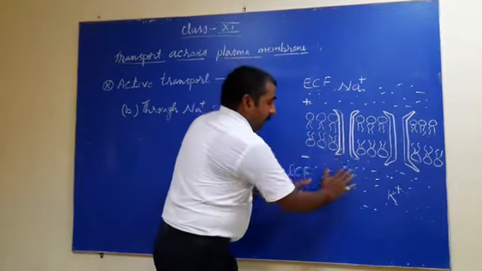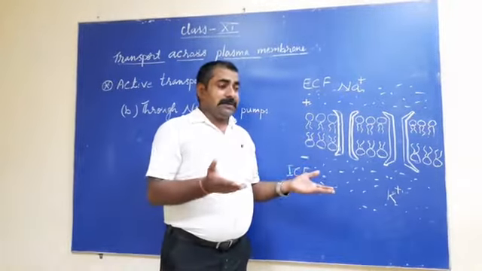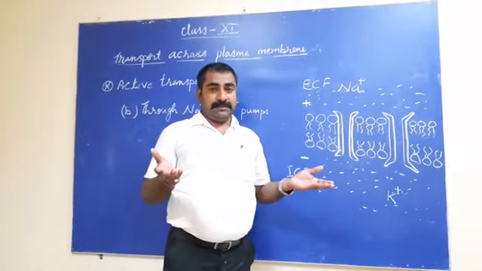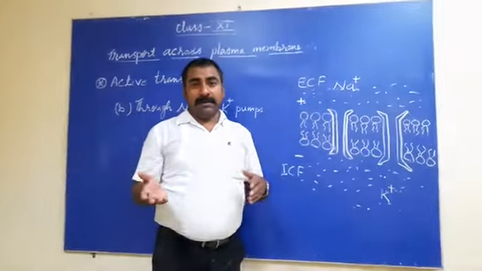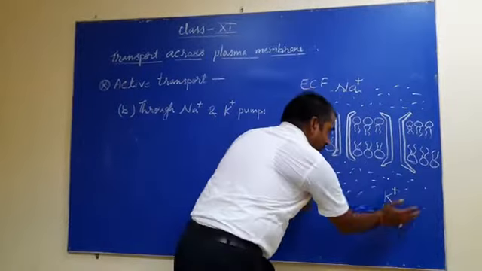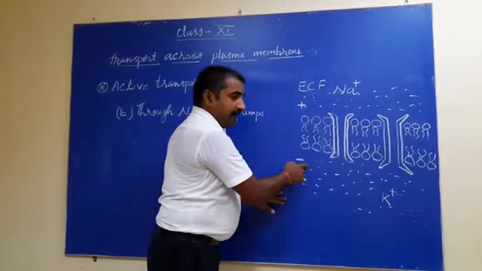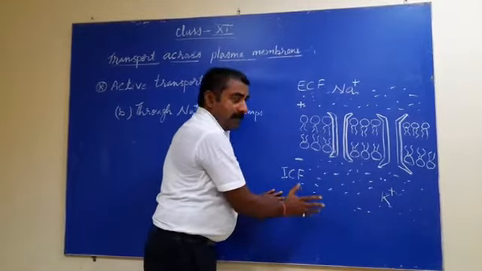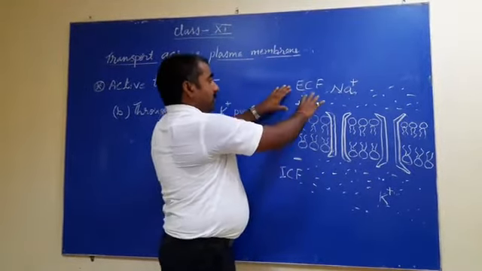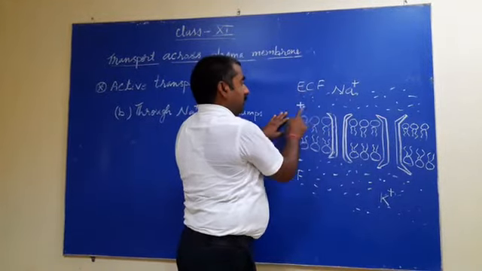Now, you know that ions are charged molecules or charged elements, whether metal or non-metal, they have charge. The overall charge present in ICF is negative, whereas the overall charge present in ECF, extracellular fluid, is positive.